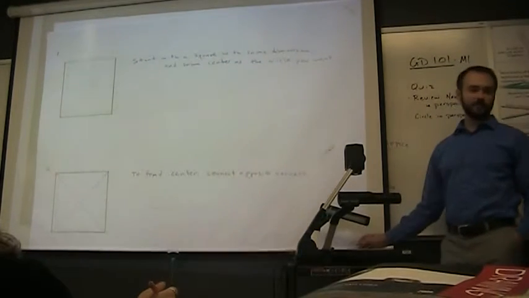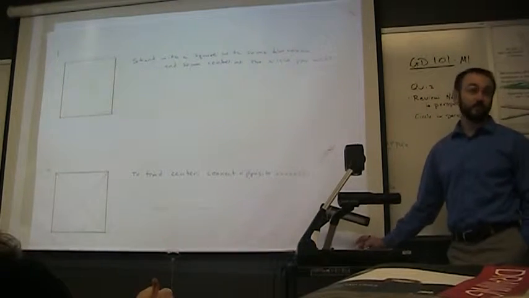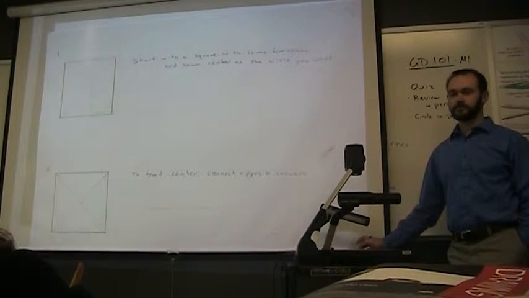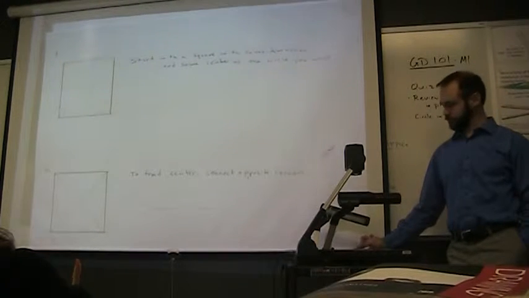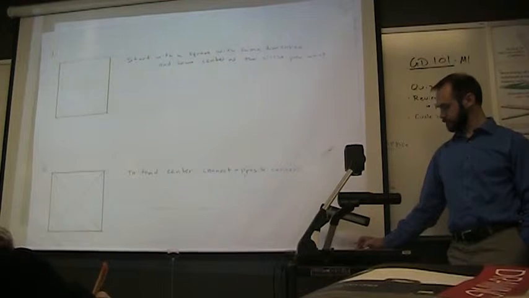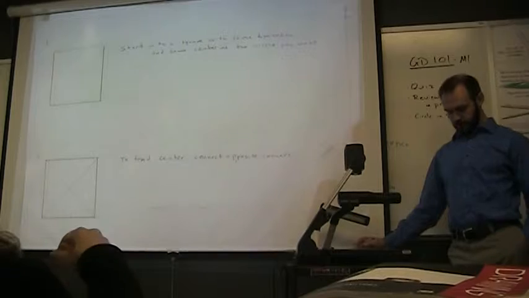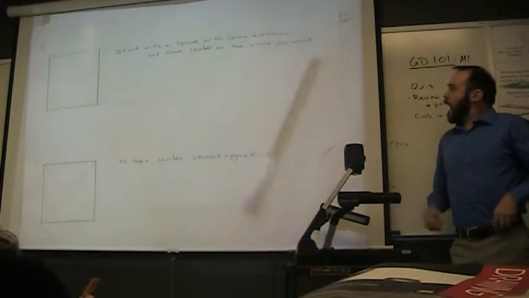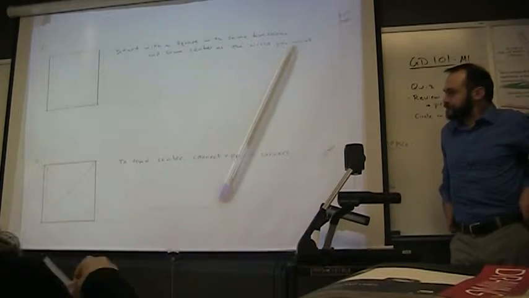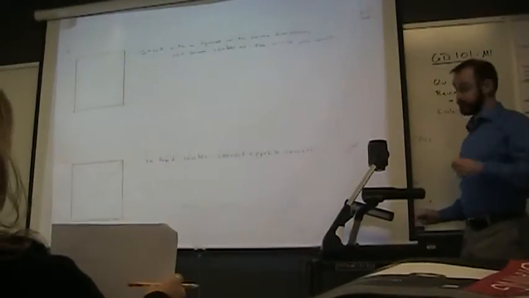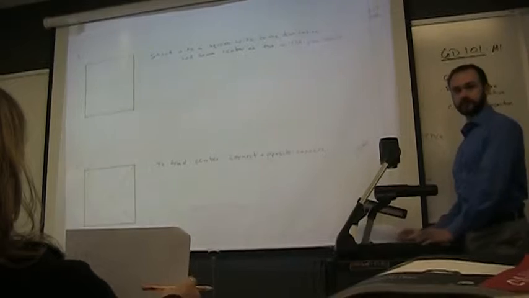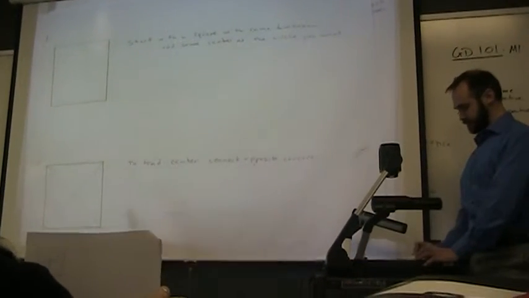So you might also want to label this at the top, plotting a circle, or something like that. Connect opposite corners.